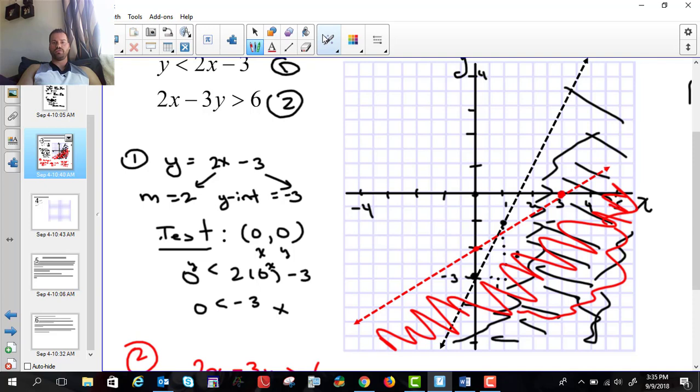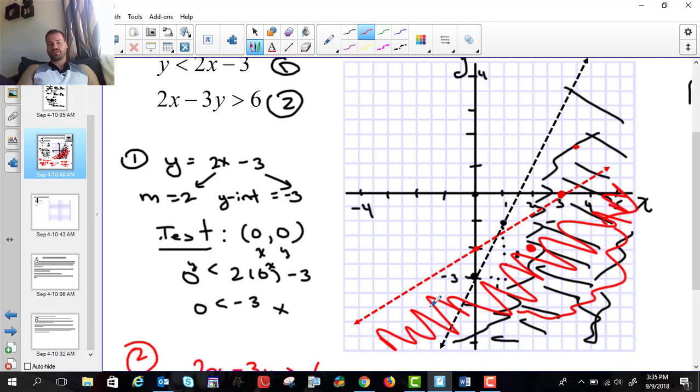Which means if I choose a point and I say, is 2 and minus 3, that's in here, that's a solution to both of these. Okay. Whereas if I choose a point up here, let's say that's 3.5 and 1.5, that's a solution to the first one. It works in here, but not here.